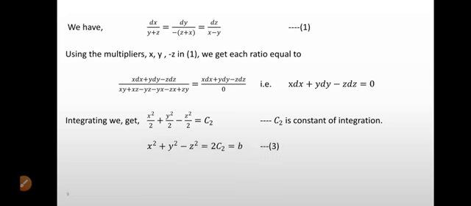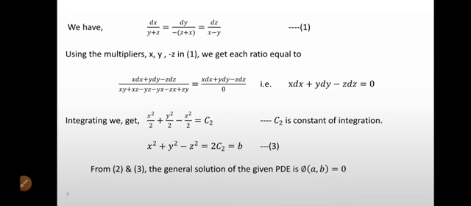Let us call it as another constant b. So the general solution of the given PDE is phi of A, B equal to 0, that is phi of x plus y plus z, the first solution from result 2, comma x square plus y square minus z square, second solution from result 3, equal to 0.